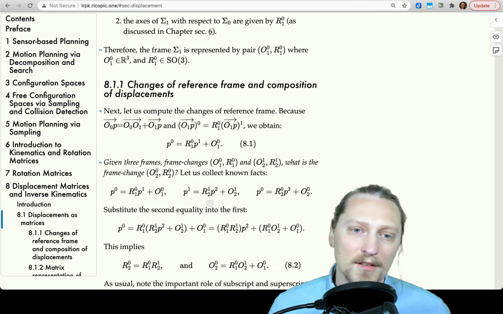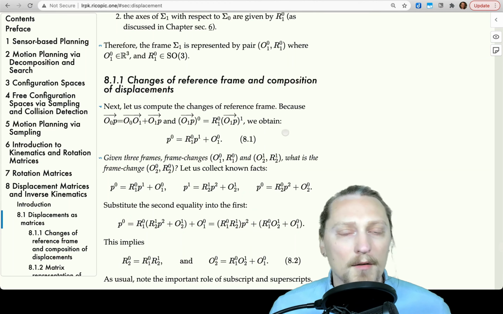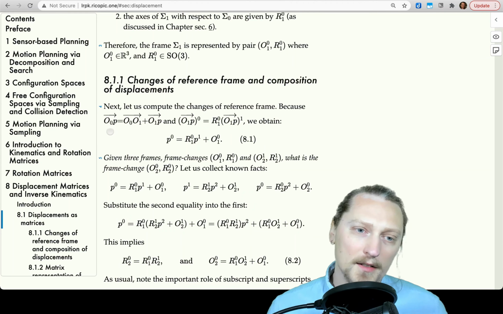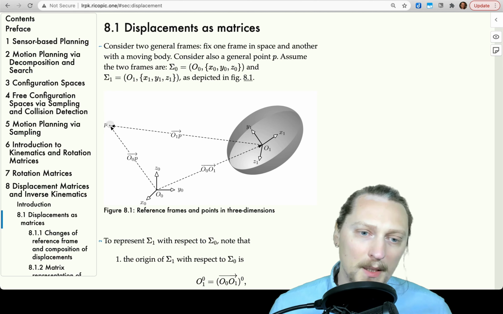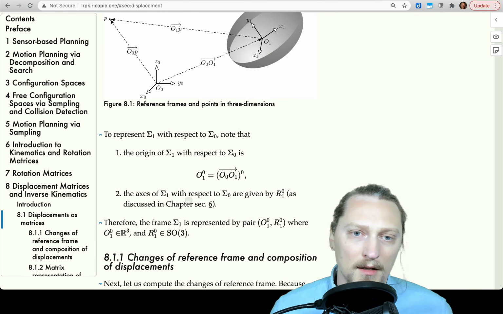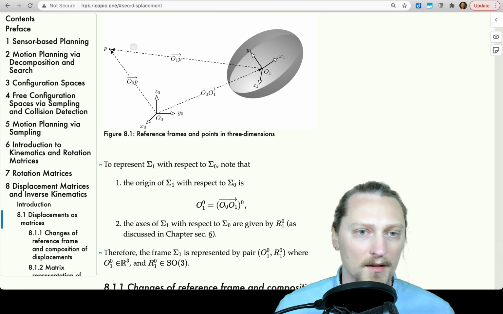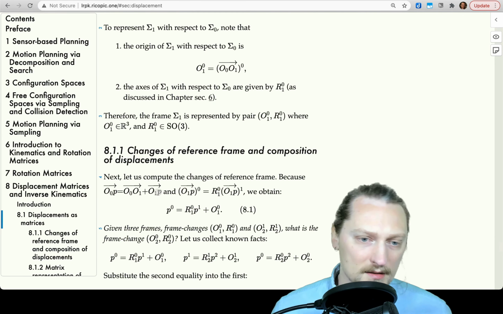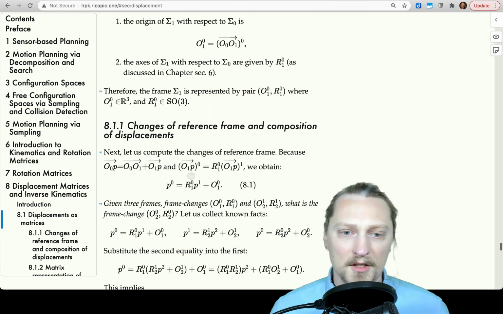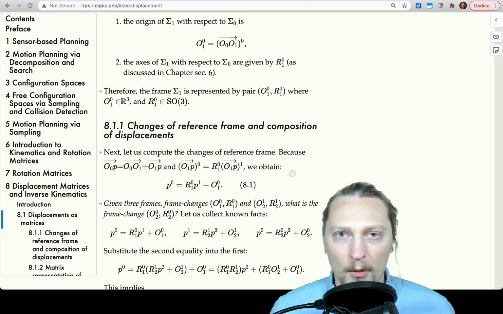All right, changes of reference frame and composition of displacements. Next, let's compute the changes of reference frame. Because the vector from O0 to P is the sum of the vector O0O1 and the vector O1P, we can express O1P in the 0 reference frame as O1P in the 1 reference frame rotated with R1,0.